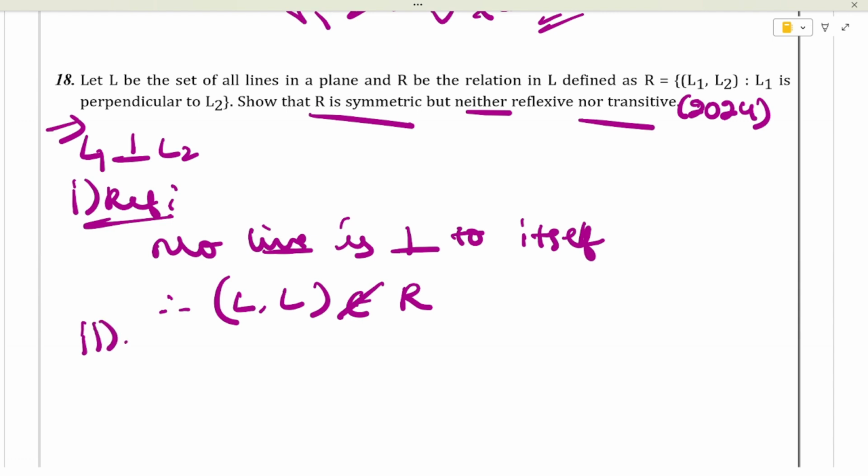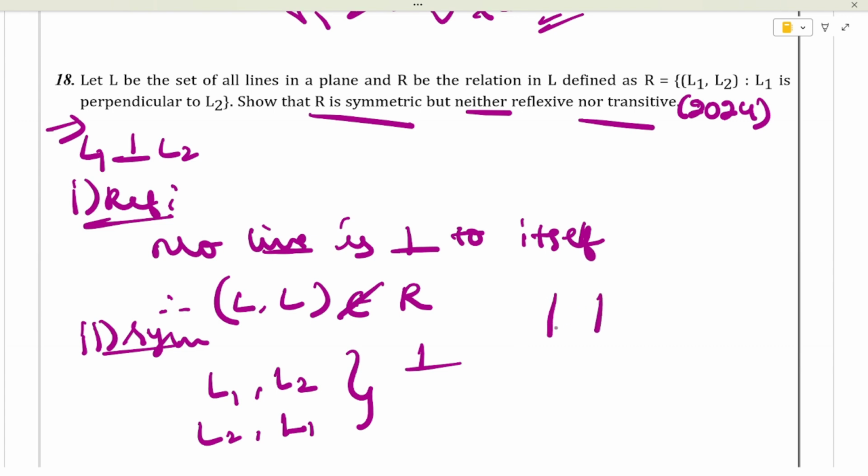Next, the condition of symmetric: L1, L2 and L2, L1. That is happening, that means it is perpendicular. If you take two lines that are not parallel, like this, they are perpendicular. L1 is perpendicular to L2, and L2 is also perpendicular to L1.